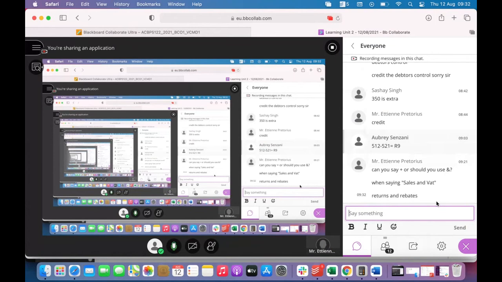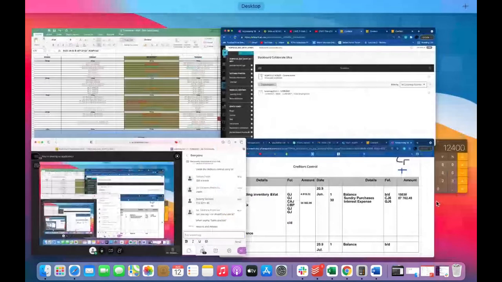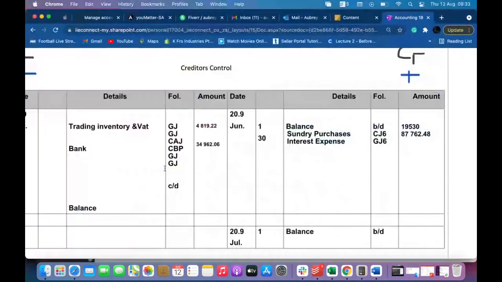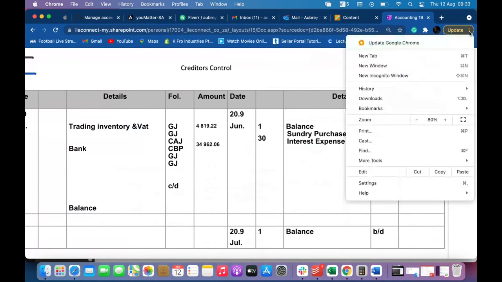But I'm trying to show you, if you do not have your accounting 1A on point, you're going to have some challenges in 1B, because we just assume that you know this stuff. So thank you very much, Etienne. You're 100% right. Returns and rebates. Okay, so here, what is it again? Total creditors column. So again, this is going to reduce, just zoom out just a little bit.